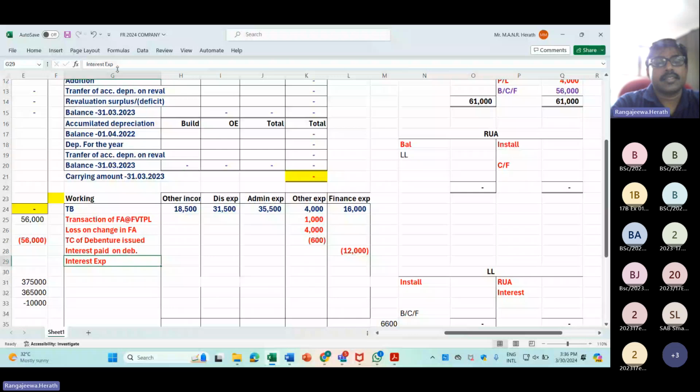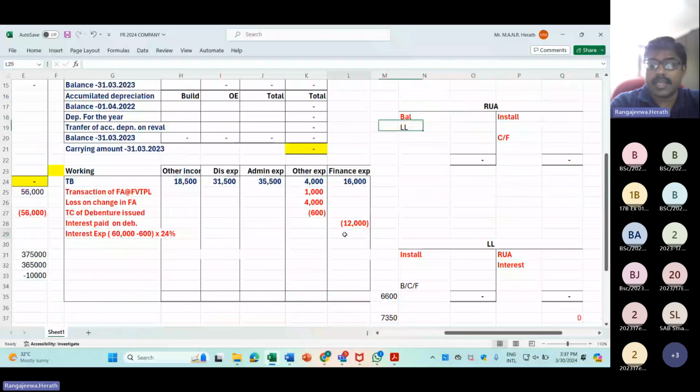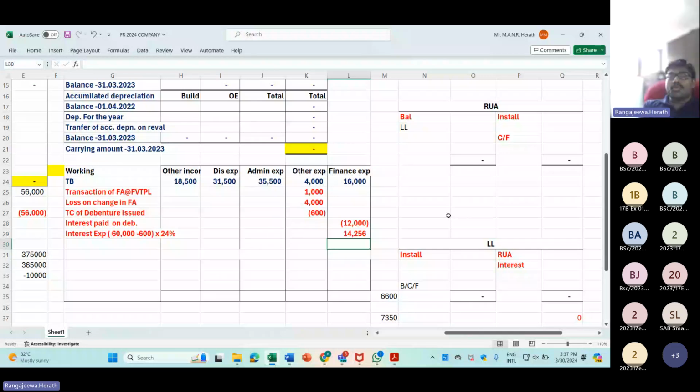Because we issued for 60,000, but we spent transaction cost 600. So it is 59,400 into 24%, 14,256. That is the finance expense charged to P&L. 14,256.